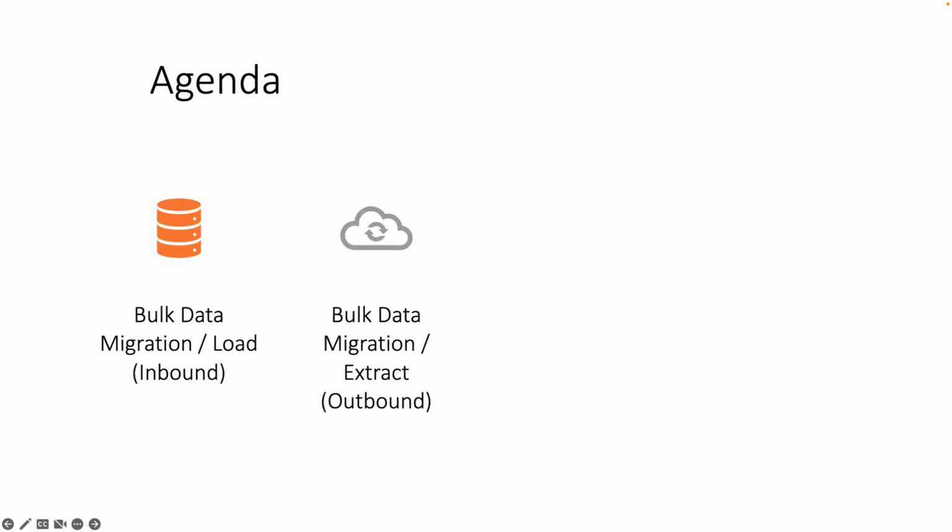So when you're doing your data migration, you'll be using some of these loaders that we'll be talking about today for most of those standing data type load. And then you have extracting data out also for integration point of view. And most of that will be using BI Publisher.